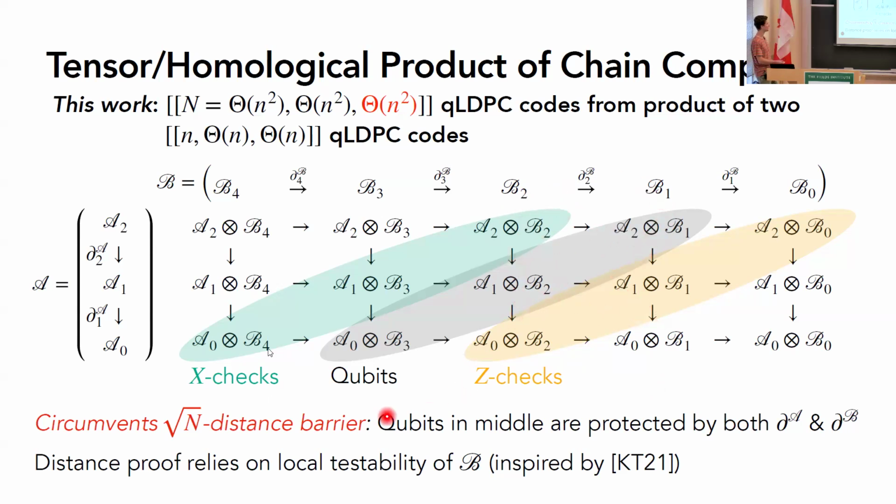We trace through this diagram and argue that using this local testability, we must have good distance for qubits in this middle region. So I guess that was a sketchy argument, but hopefully it's given some intuition about where this result is coming from.